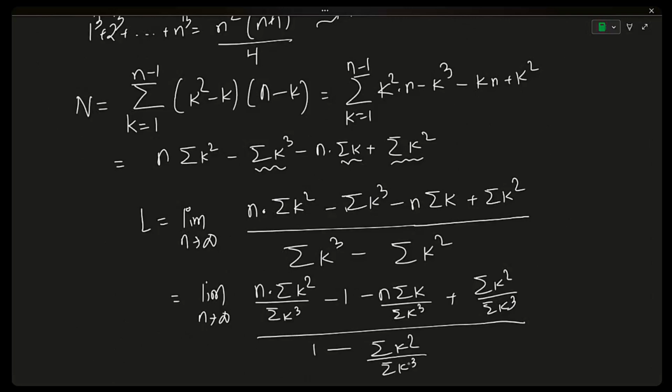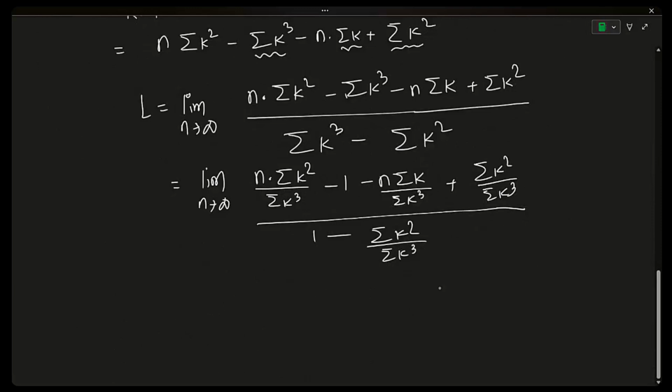Now notice that in any limit where n tends to infinity, any expression involving 1 by n to the power something is going to be 0, right? Because limit n tends to infinity, 1 by n is 0, and any higher power of n is obviously 0 as well. Except this term has an n, and summation of k produces n square. So n square into n, the highest power of n into summation k is n cube, while the highest power of summation of k cube is n to the power 4.